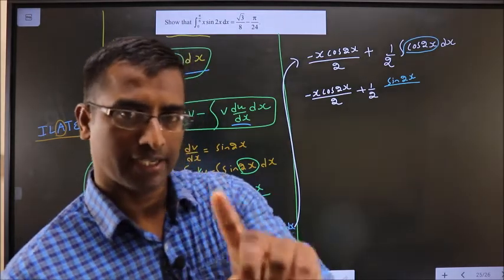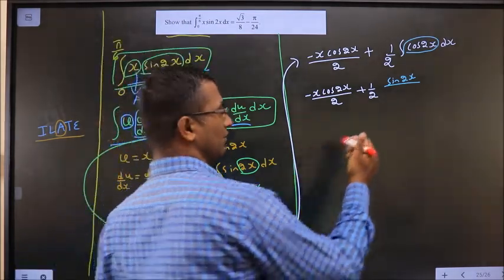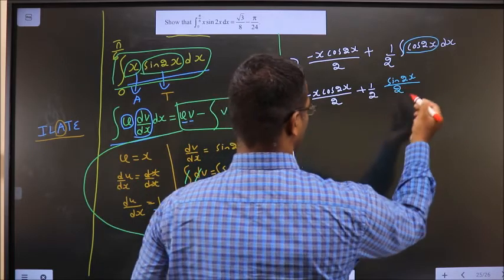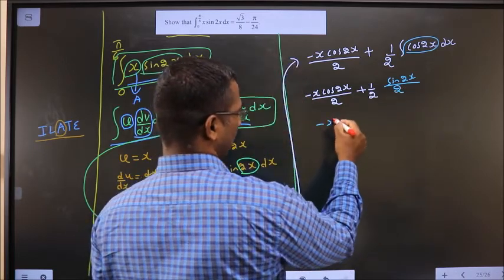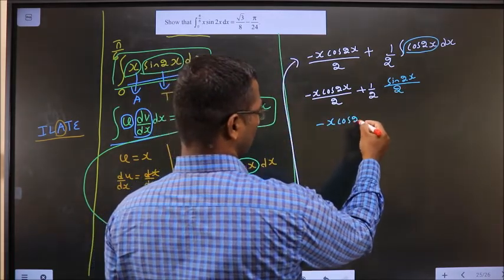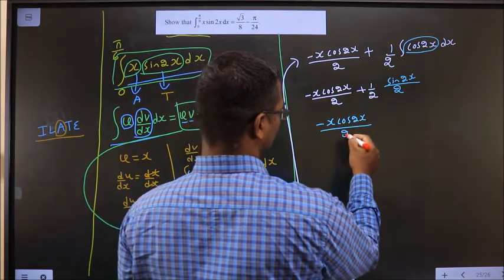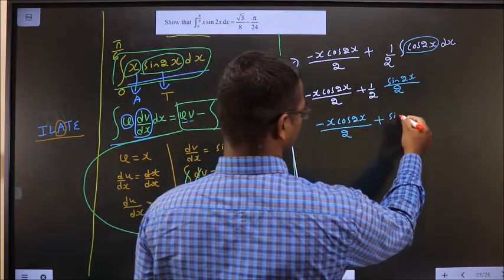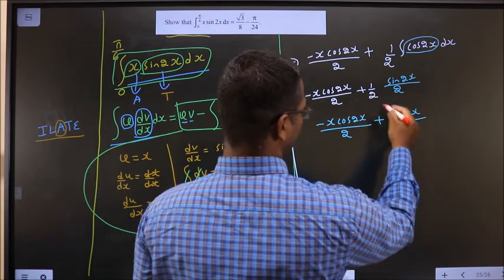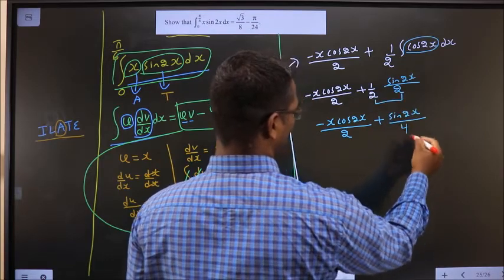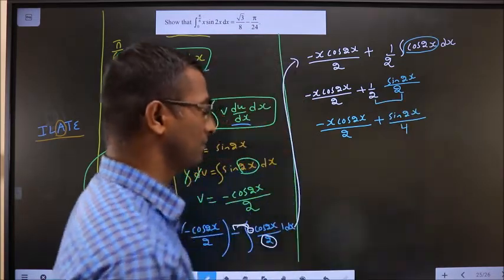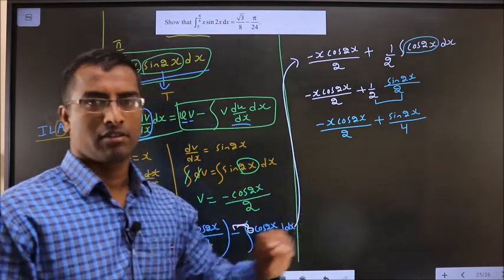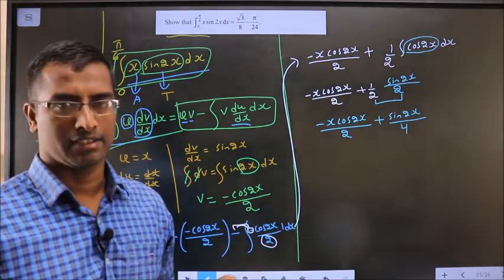Do not forget that. So the derivative of 2x is 2. So finally it is minus x cos 2x by 2 plus sine 2x by 2 into 2, 4. Okay. With this, we are done with the integration.